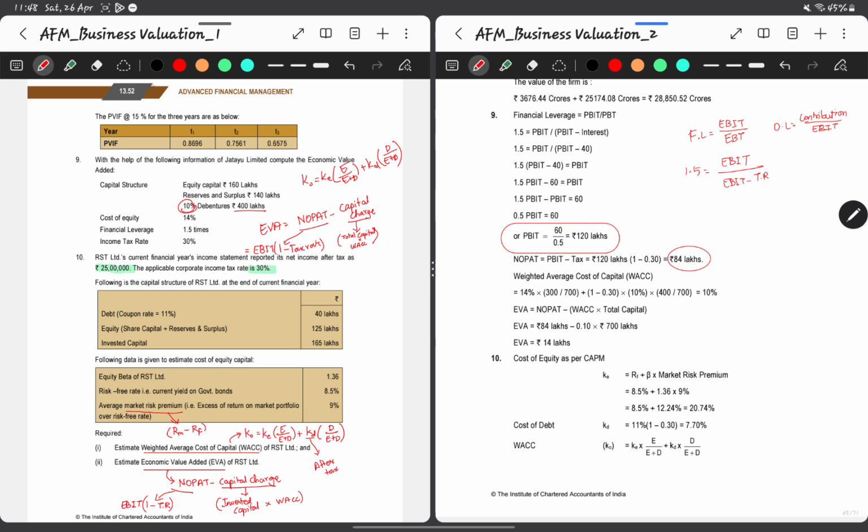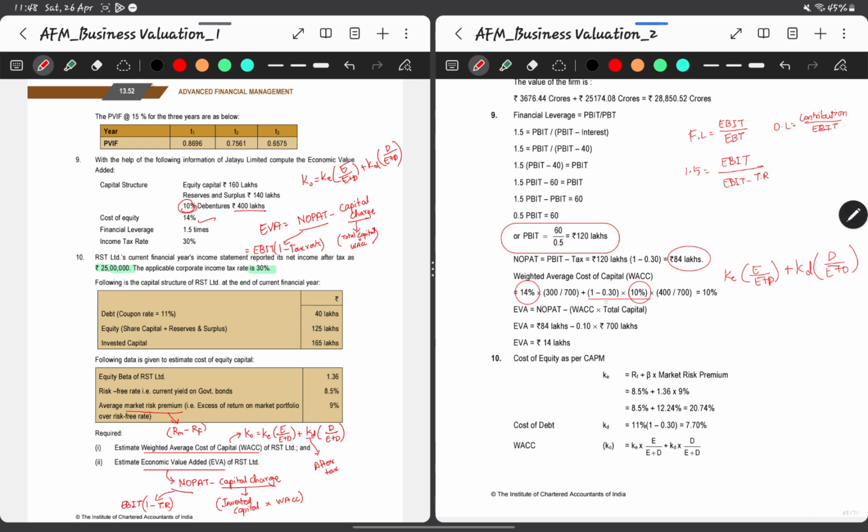So weighted average cost of capital, as I told, the formula is KE multiplied by E by E plus D plus KD multiplied by D by E plus D. In our case, KE is 14%, which they've already given as cost of equity, and KD is 10%. We should have adjusted the tax portion in it, but I don't know why they have not done that. Yeah, it's there, sorry, they have adjusted that.